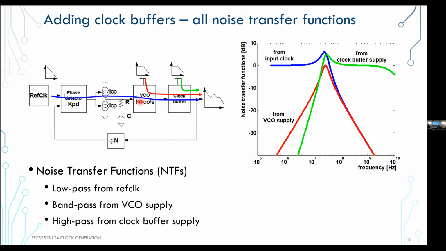Remember that the VCO has this integration. Whatever supply error I introduce here proportionally causes the time error, the phase shift, that gets integrated across the whole VCO. So that's this integration slope over here.